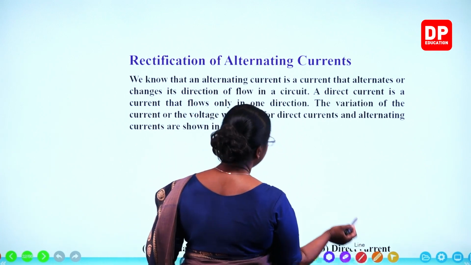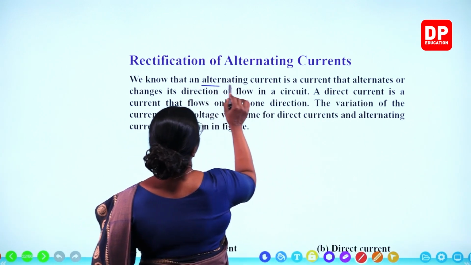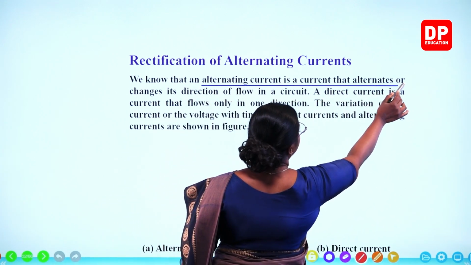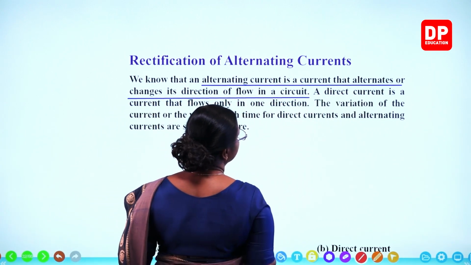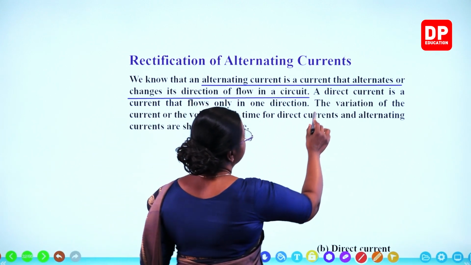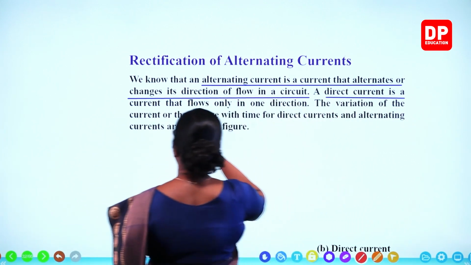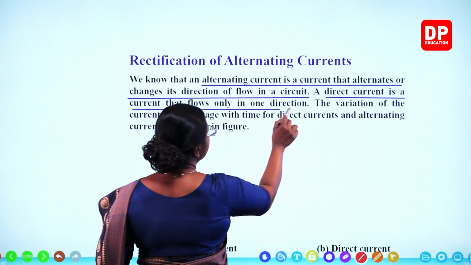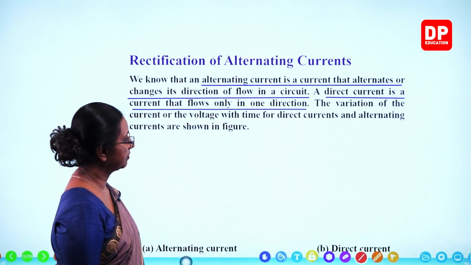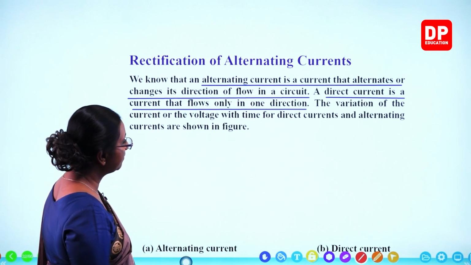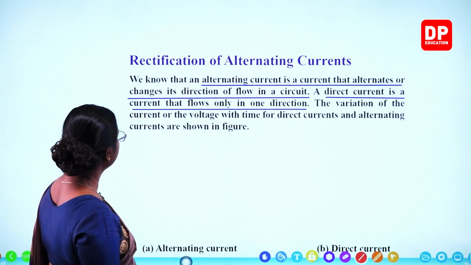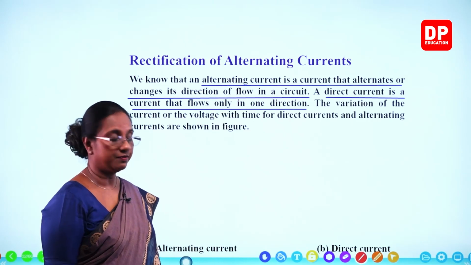So that is something you have to remember. And a direct current is a current that flows only in one direction. The variation of the current or the voltage with time for direct currents and alternating currents are shown in the figure.